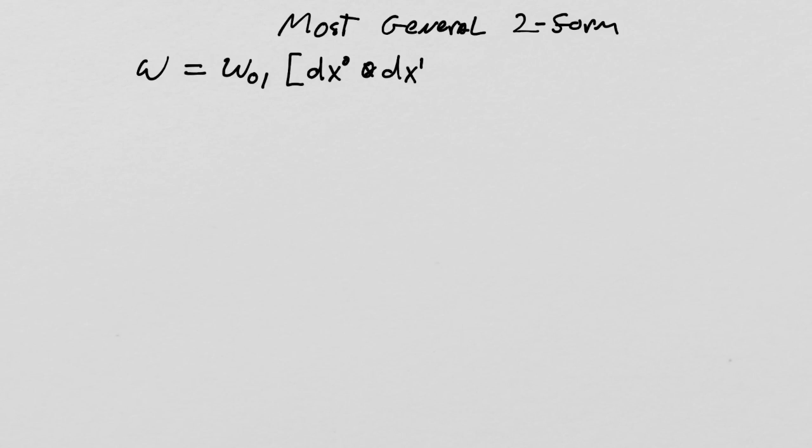And then I would want omega 1,0, but I know omega 1,0 is minus omega 0,1, so I just go minus dx 1 tensor product dx 0.